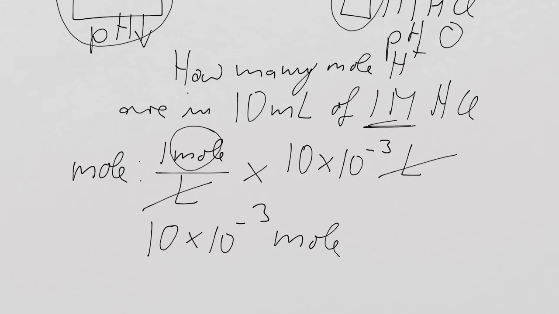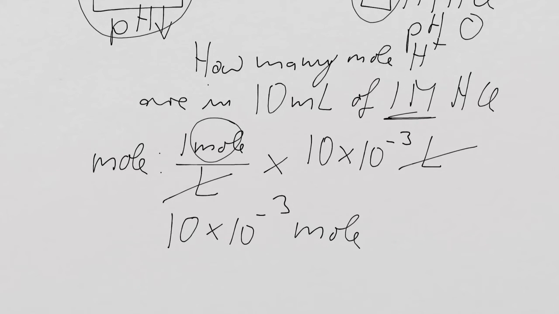What is my volume now? It is 1010 milliliter, because we have 1 liter in the first place, and we add 10 milliliter, so that would be 1.01 liter.